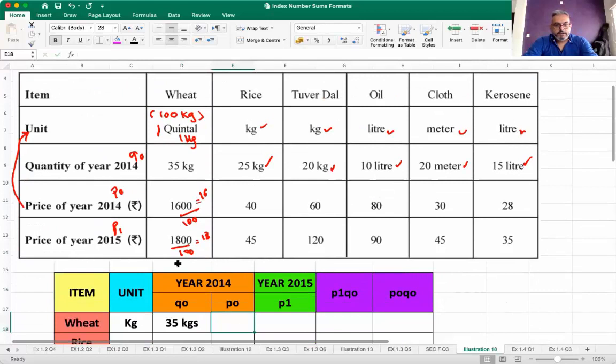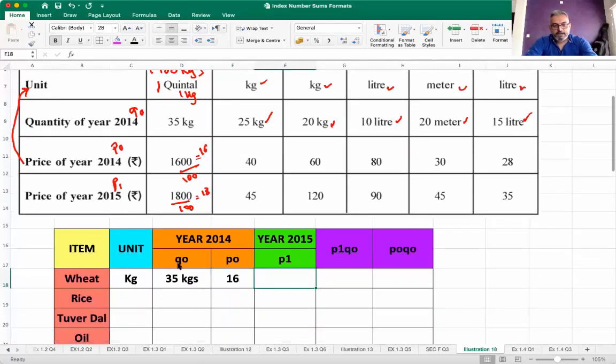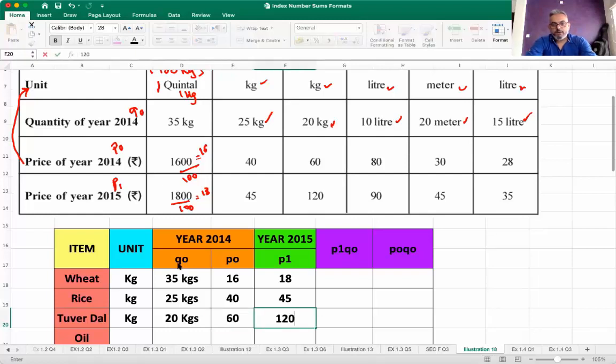Price is now 16 rupees and price of current year 2015 is 18 rupees. Rice. No problem with rice. Directly kg, 25 kg, 40 rupees, 45 rupees. Then tur dal, again kg, 20 kg, 60 rupees, 120 rupees.